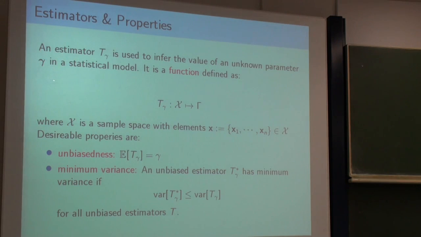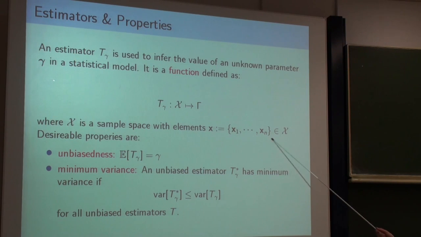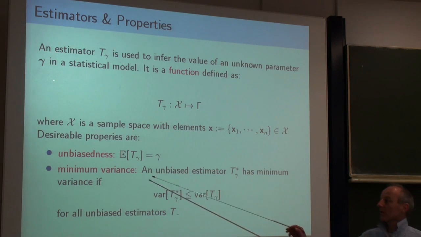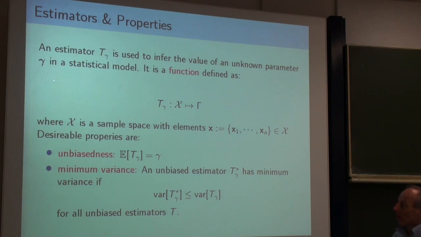The expected value is nothing but the limit for n towards infinity. So if we increase the size of our sample set and let n go to infinity, then the limit has to be gamma. Okay, yes, and also of course, if we take a finite sample set, we would like to have, even for infinite sample set, we want the variance of our estimator to be as small as possible.